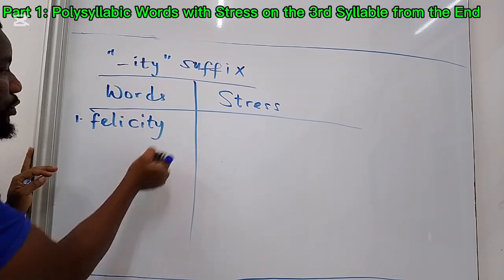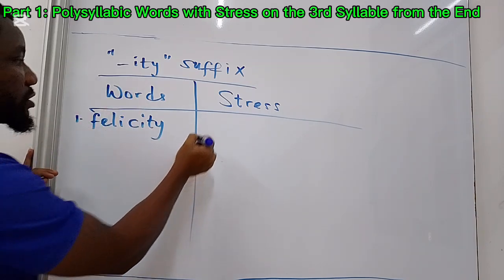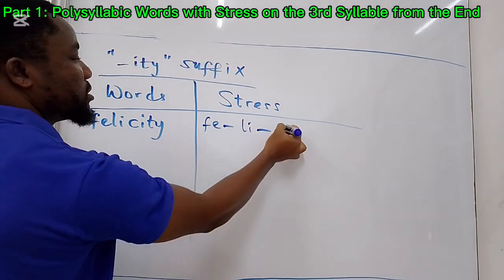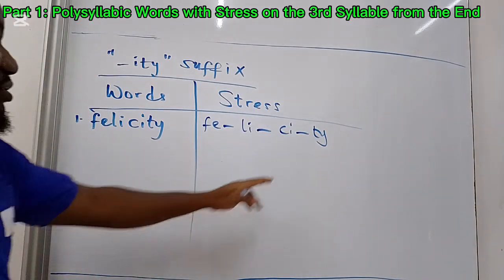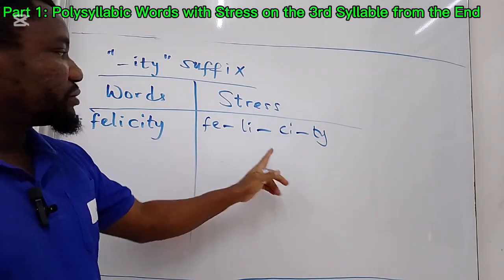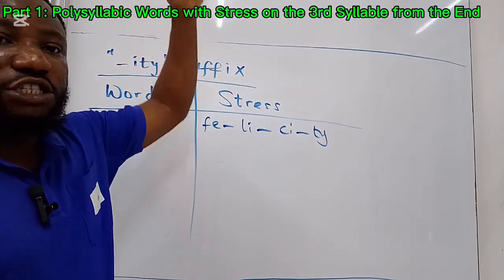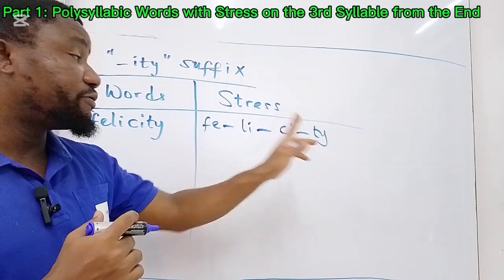Before we have the stress, let's try to break this word into syllables: Fe, li, ci, ty. From the end of the word, the third syllable is what takes the stress. That means the pitch of your voice should go higher when you get to the third syllable from the end of the word.